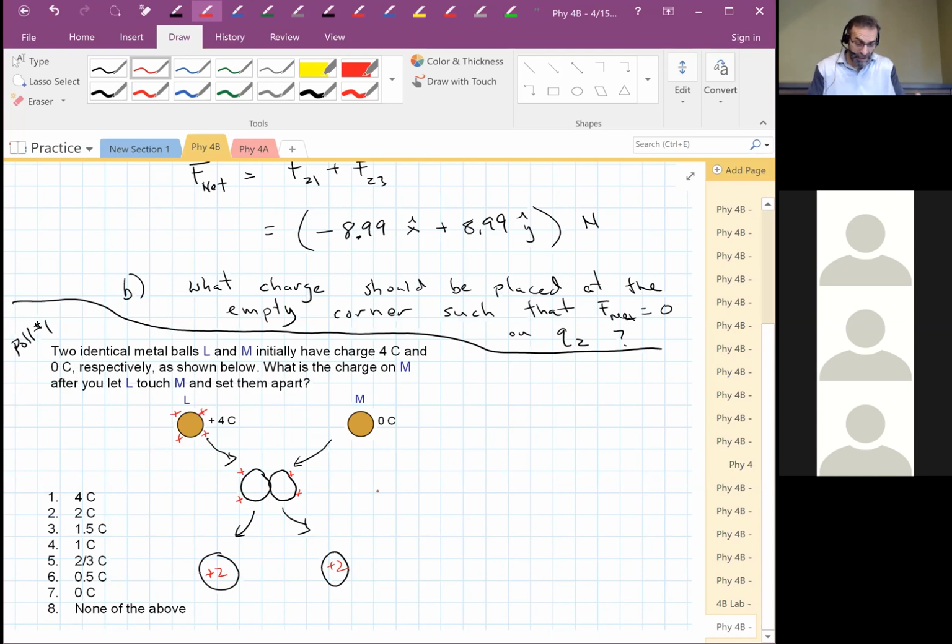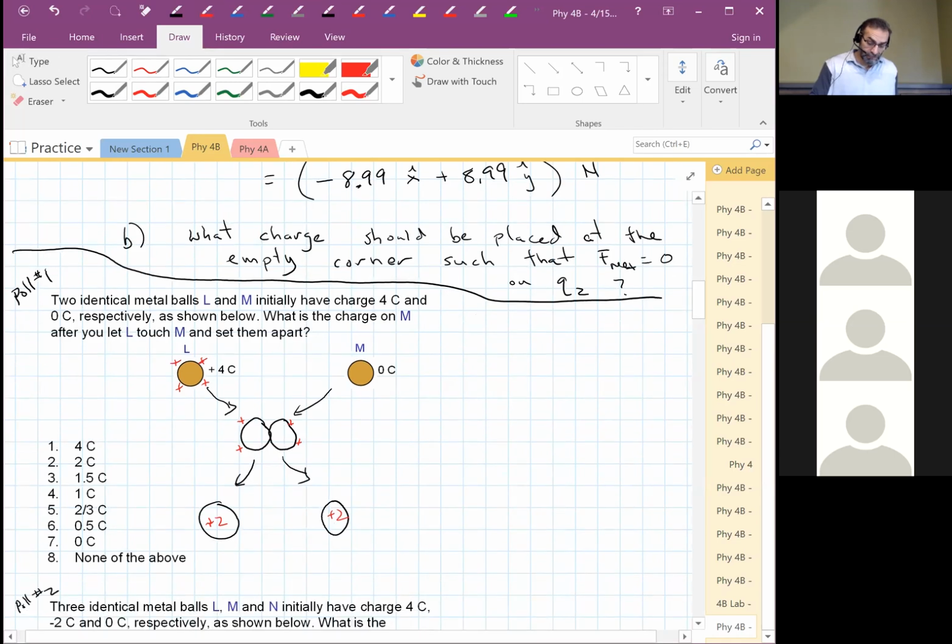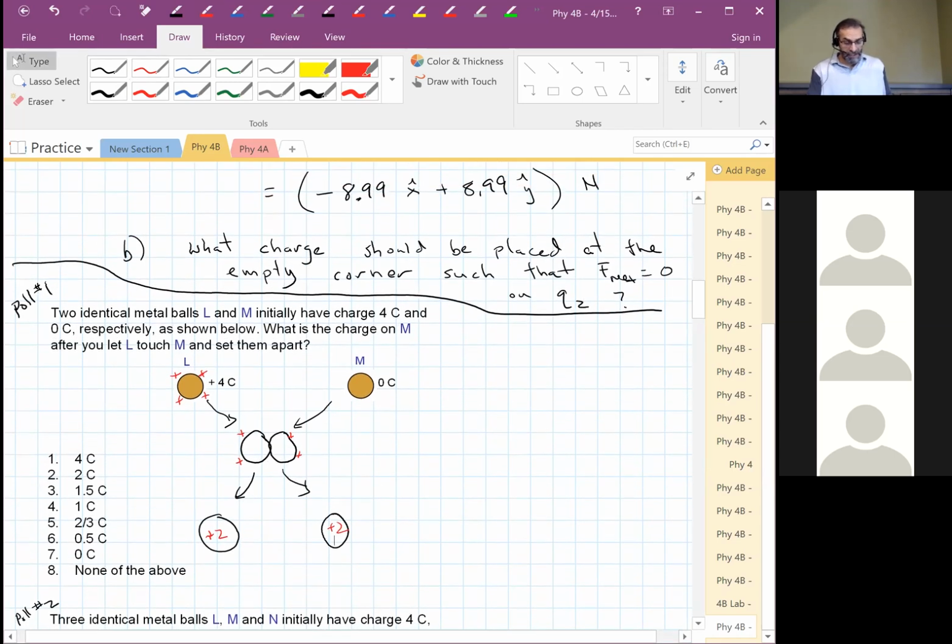Okay, I think I answered that. If M is an insulator, well, what happens is the charges can't really move into M except where they're actually touching. So maybe M would pick up a couple of electrons or lose a couple of electrons, I guess I should say in this case.